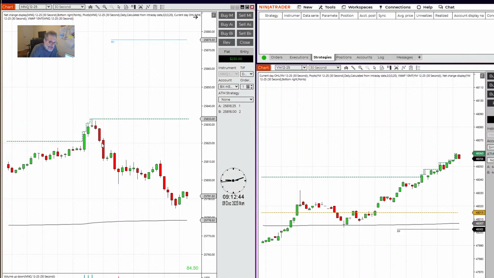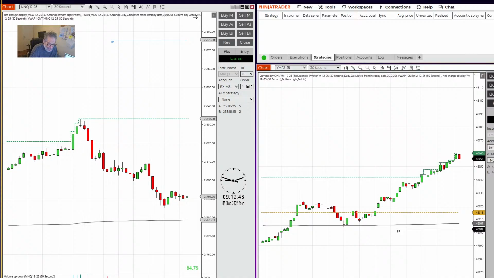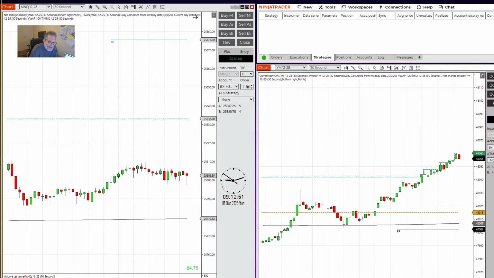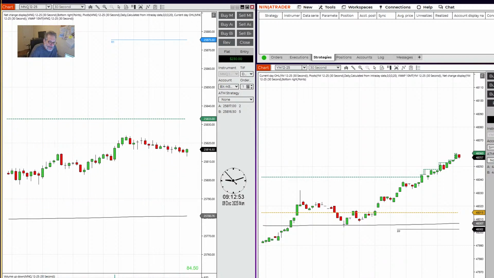And it also gave a perfect reversal signal. So it could certainly do another magnet now. It's not quite an hour.